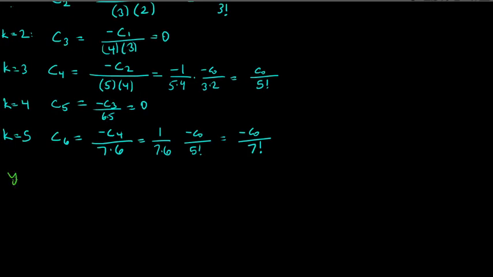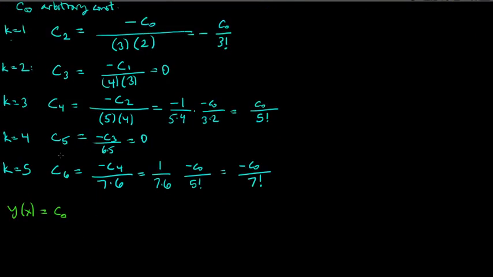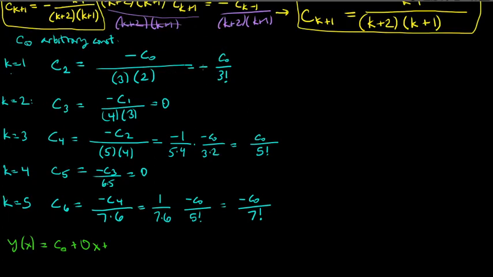So y of x is equal to C0, which is our constant, plus C1 times x, but C1 is 0, so this is 0 times x, if you like, plus C2. C2 is negative C0. So can I factor out the C0 here?